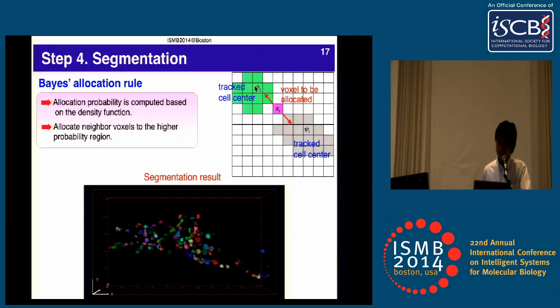Simply stated, we calculate the allocation probability based on the density function and allocate neighbor box cell to the high probability region of the density function. In this way, we obtain this kind of segmentation result at each frame.